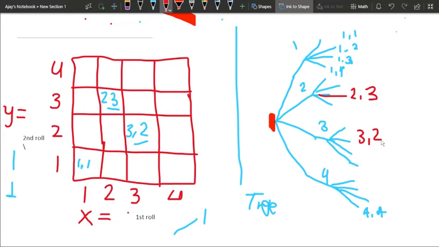And in both cases we have 16 possible outcomes. 4 times 4 is 16. And similarly, if you count here, the number of leaves is equal to 16.